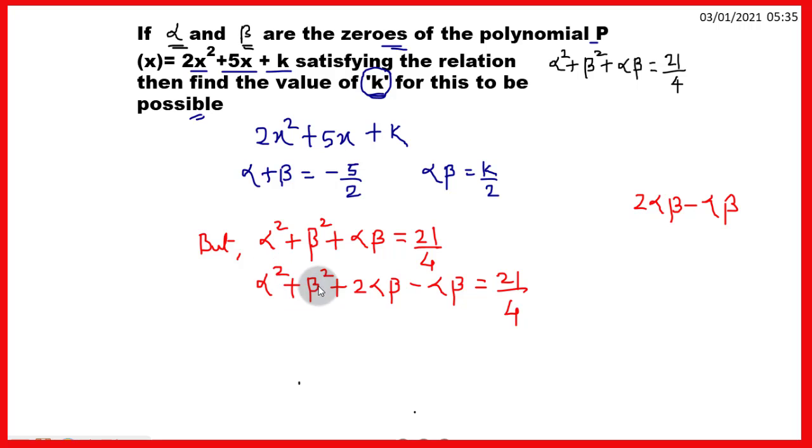That is just like a square plus b square plus 2ab, which is equal to a plus b bracket square. So here it will be alpha plus beta bracket square minus alpha beta is equal to 21/4. Now we will solve this further.